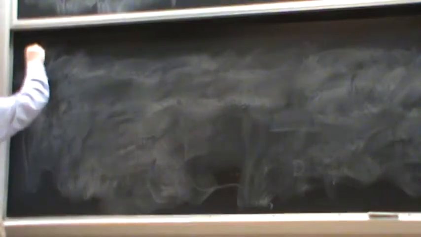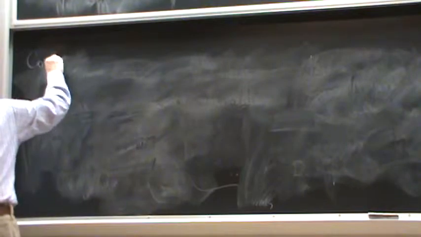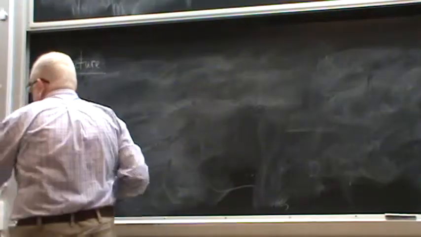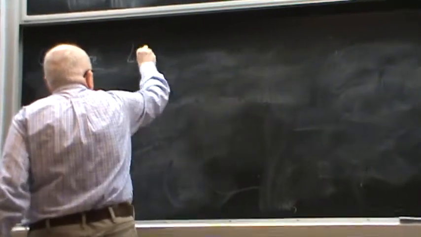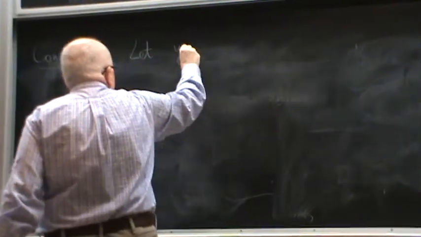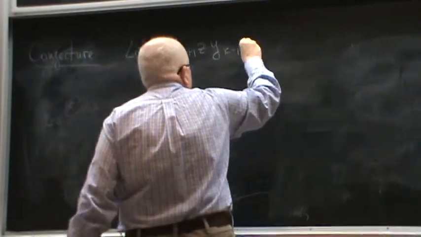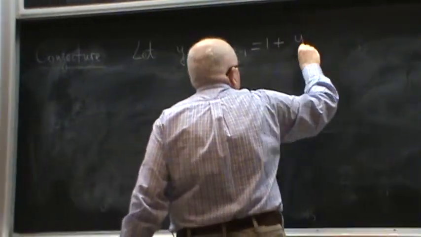So the conjecture now looks like this, that, so let just y k plus 1 z, y k minus 1 plus.